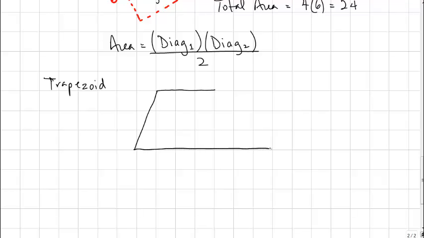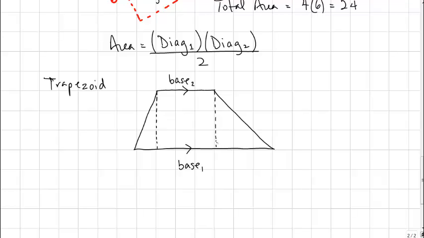And we can make the two bases the top and bottom. Again, they don't have to be. So we've got base 1 and base 2. Now, to find the area of a trapezoid, we could break this into 3 separate figures.